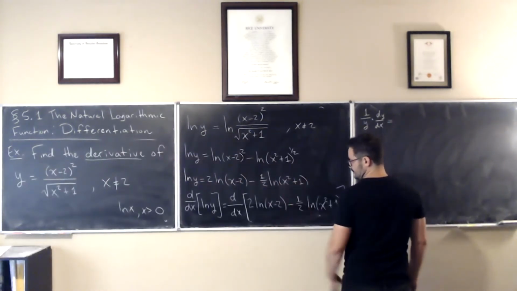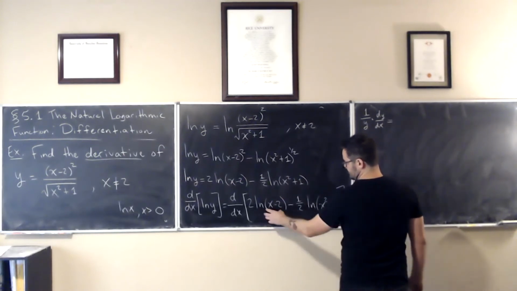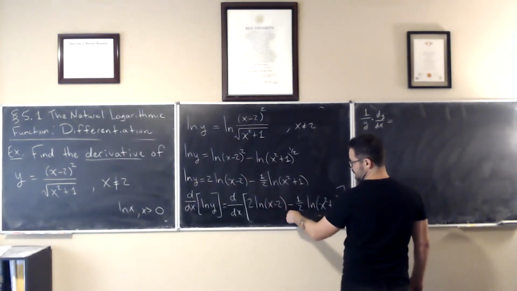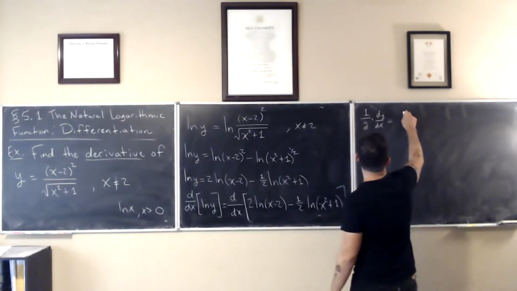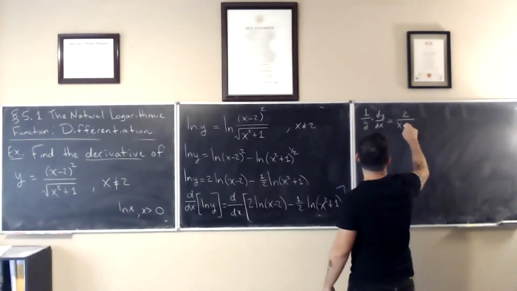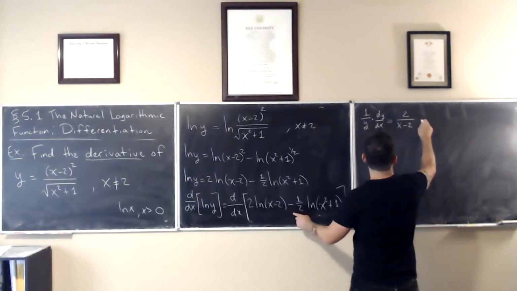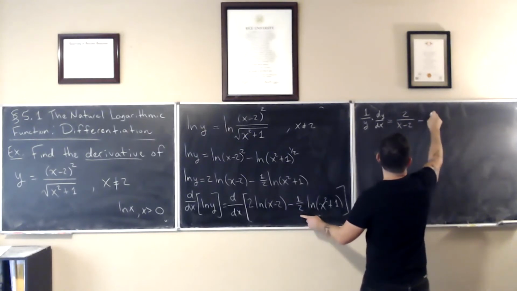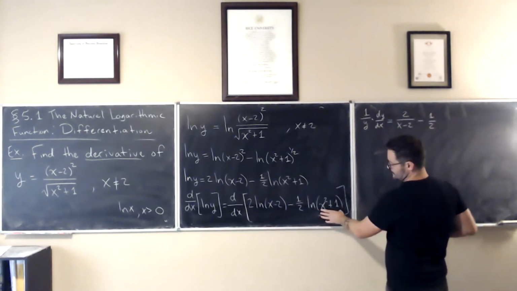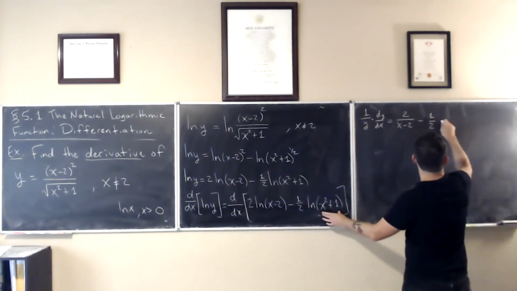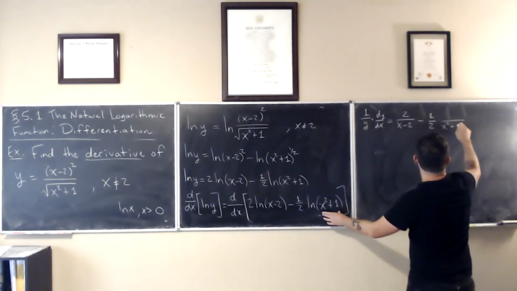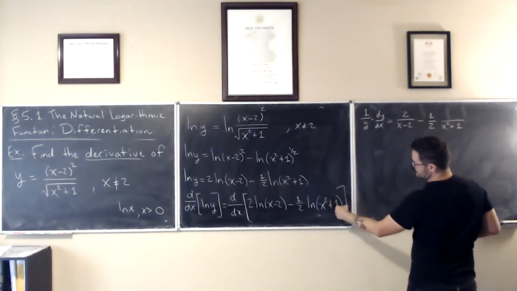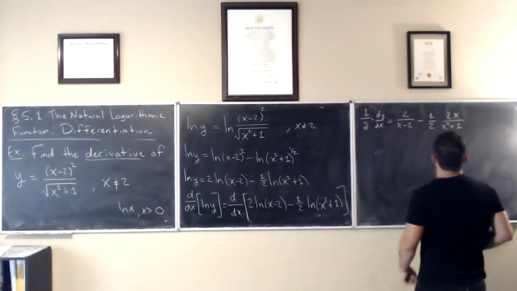And then on this side, we get 2 times 1 over x minus 2 times the derivative inside, so it'd be 2 over x minus 2, minus 1/2 times the derivative of this, so it'd be 1 over x plus 1, and then the derivative of the inside is x.